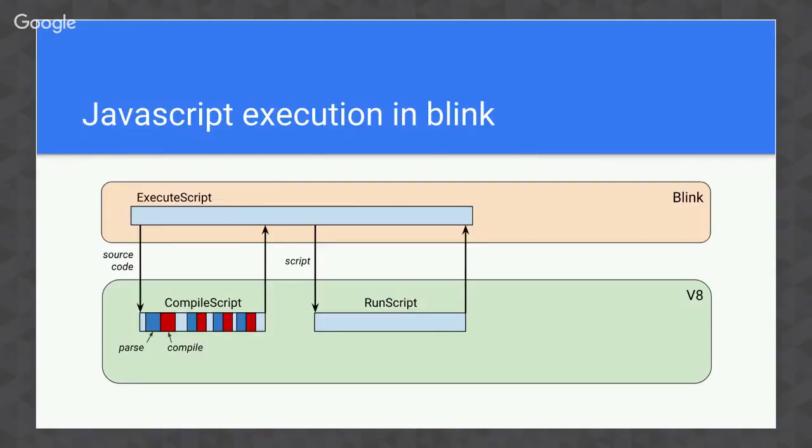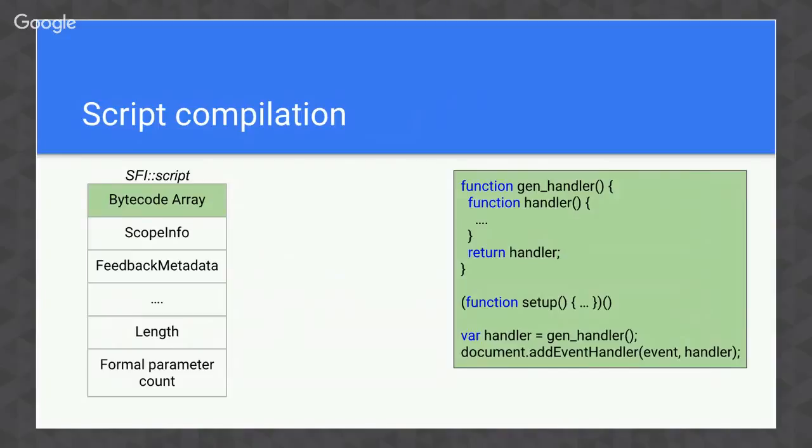This parse and compile of inner functions. So I'm going to take a small step back into how scripts are compiled in V8. When we see this top-level script, we compile it into bytecode, internal bytecode that we have. We store that as a SharedFunctionInfo, a structure with some additional metadata relating to the script.